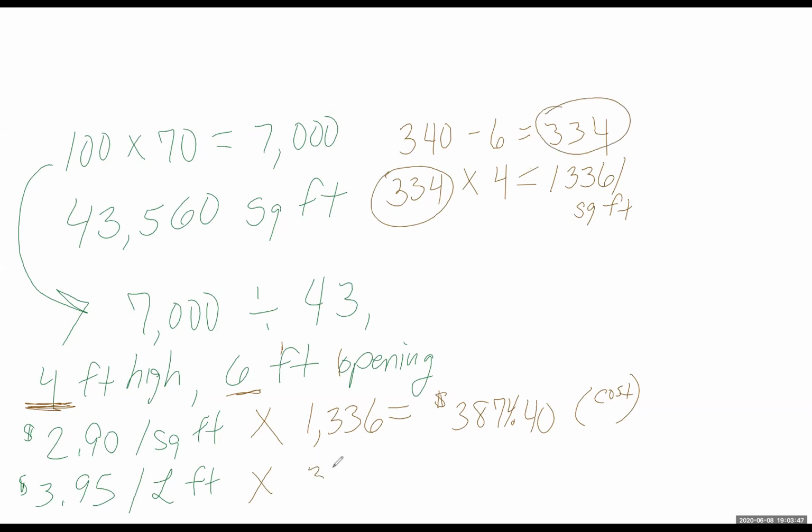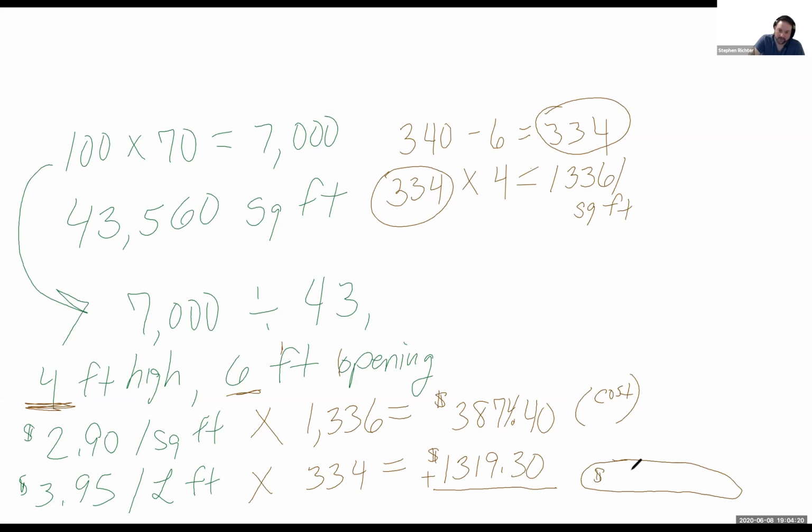So 334 equals what? $1,319.30. Right? So then you add these two together, and what do you get? $5,193.70.